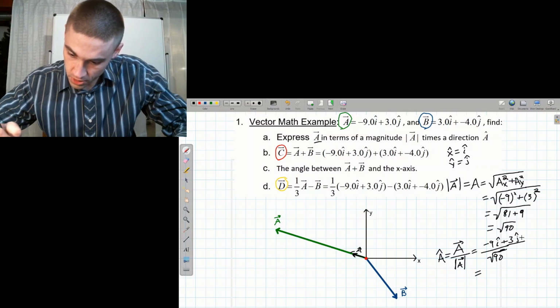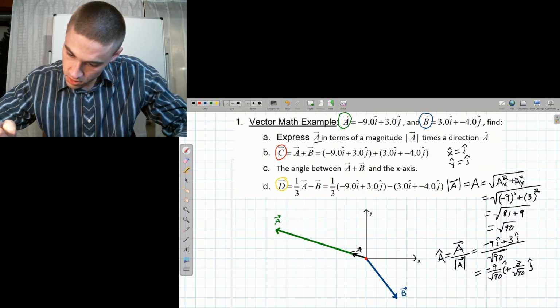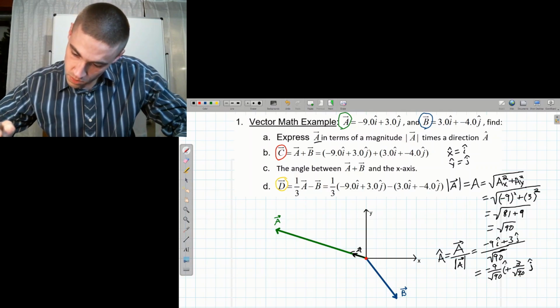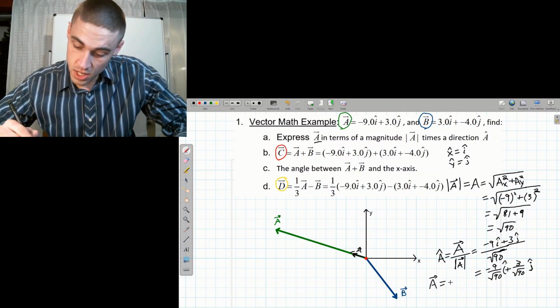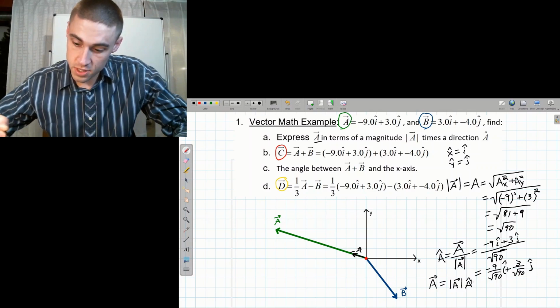By any number for any vector, I can just do it on a component by component basis. So this would be the unit vector a hat. If I wanted to express A in terms of its magnitude and its direction, I could write it just like this: the length of A, so its magnitude, times its direction. I'm separating out the two different aspects of it.